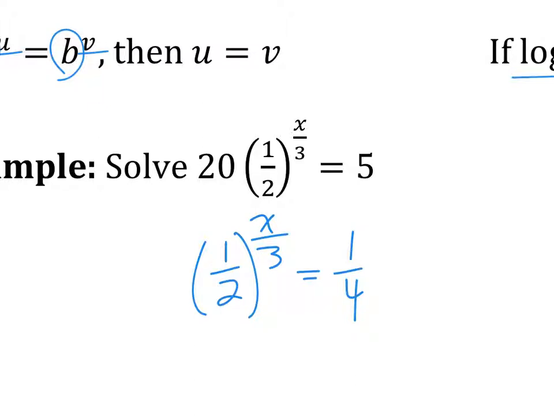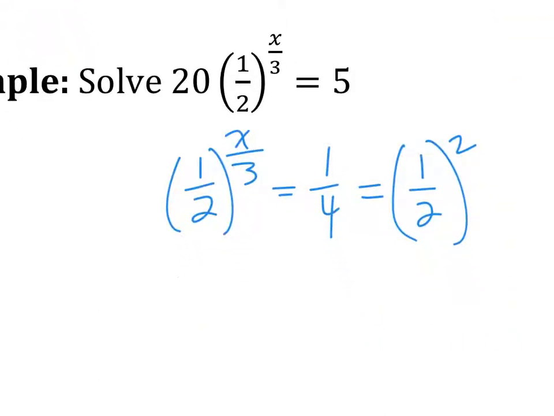Yes, so if somehow both of the sides can have the same base, we can solve this very easily. So how do we change 1/4 so that it has a base of 1/2? Okay, 1/2 squared. So both sides have a base of 1/2. That means their exponents must be equal, right? Okay, so x over 3 must equal 2. So x must equal 6.